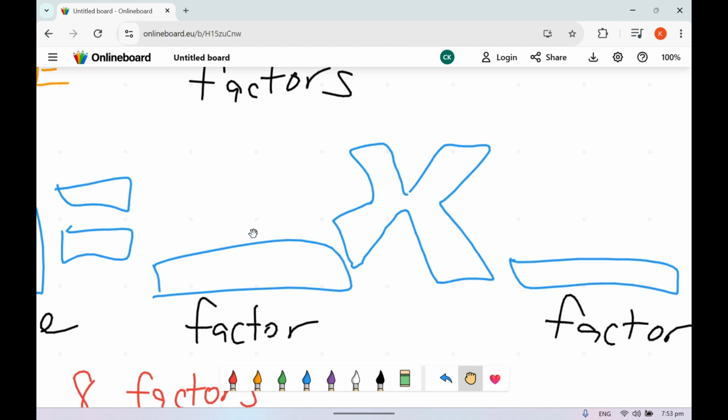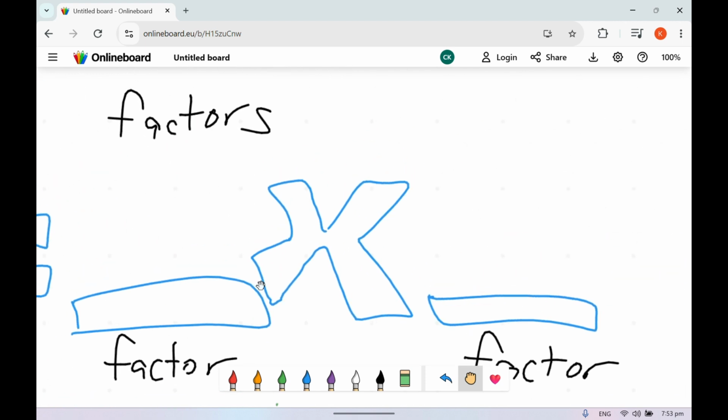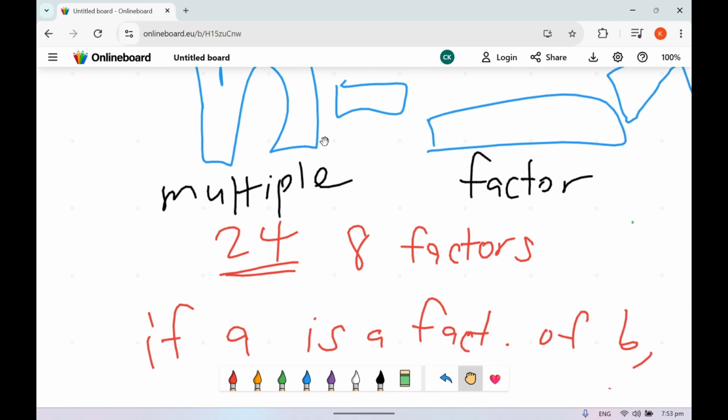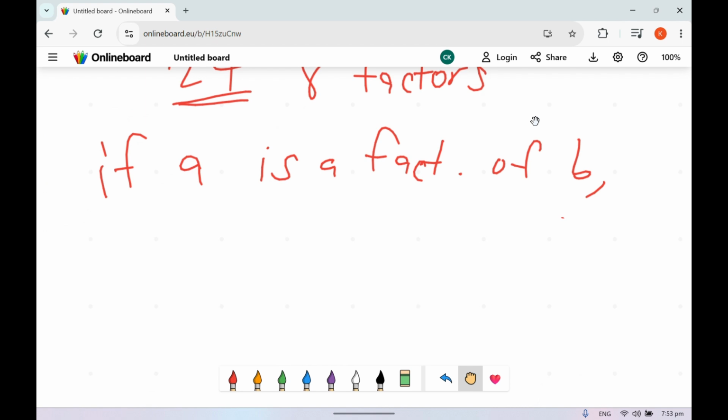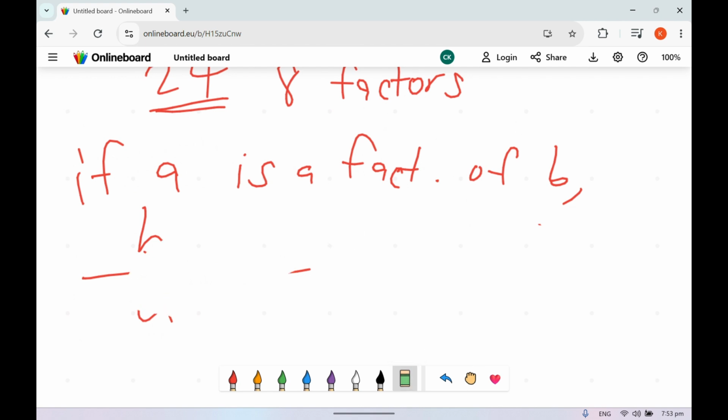Factor, factor. Okay, so this is a factor, this is a factor. You multiply them, you get the multiple, which in this case is n. So if A is a factor of B, that means B can divide A, and you will get a whole number with no remainders whatsoever.